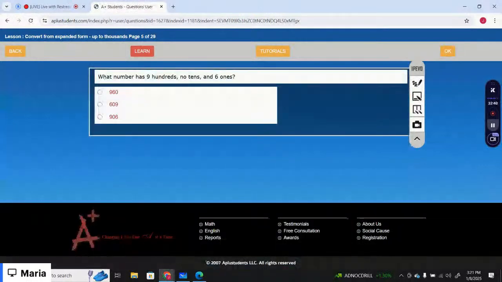What number has 9 hundreds, no tens, and 6 ones? Which is the correct option?